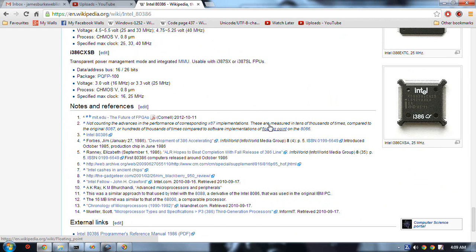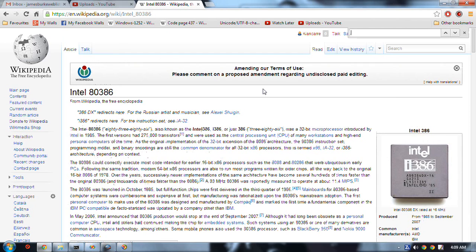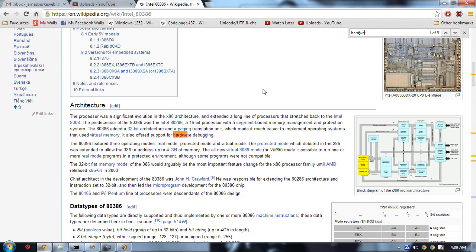That would be fine, but what would not be fine if this was, two words, floating and point, not related. And there's something like that in here. Offered support for hardware.